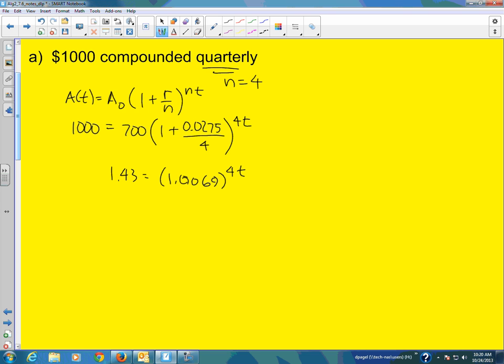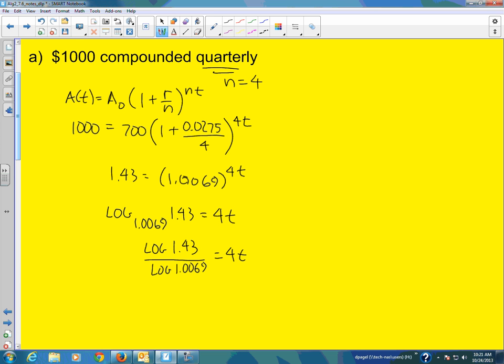All right, we're looking for an exponent, which means I could make these both become logarithms if I wanted to. I could just change my form, and if I changed my form, I'm going to get log base 1.0069 of 1.43 is equal to 4t. And then I have a change of base formula: log of 1.43 over log of 1.0069 is equal to 4t. And I would have to end up dividing by my 4 here.